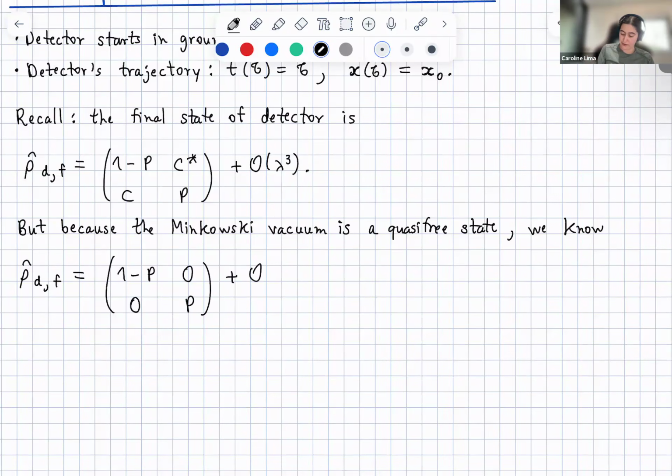All odd point functions vanish, so the next order is going to be lambda to the fourth.